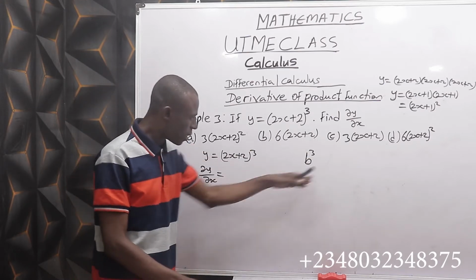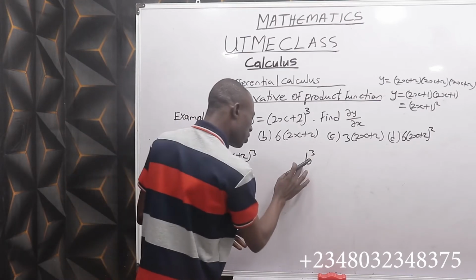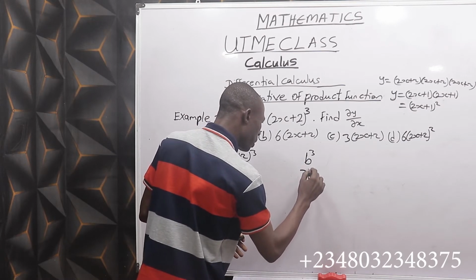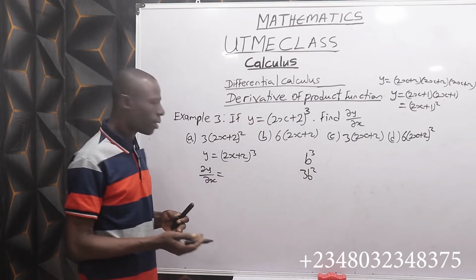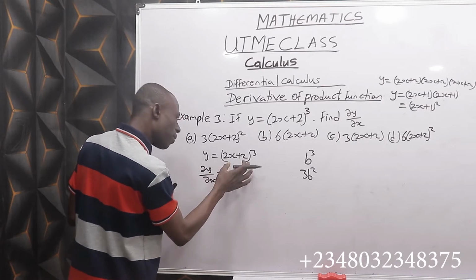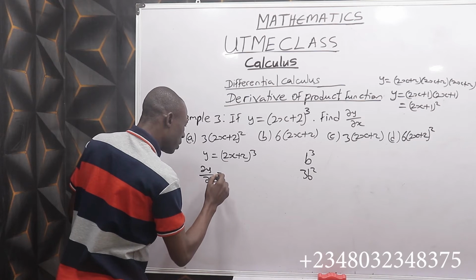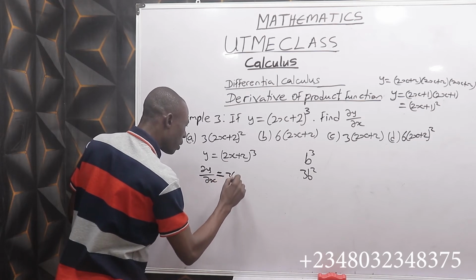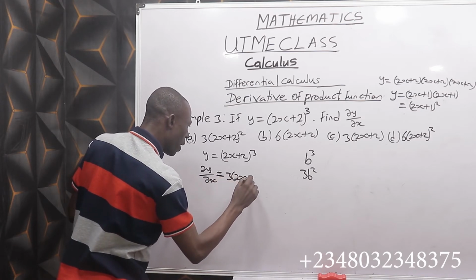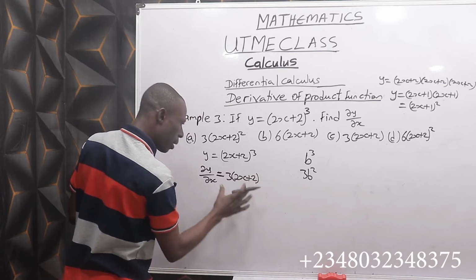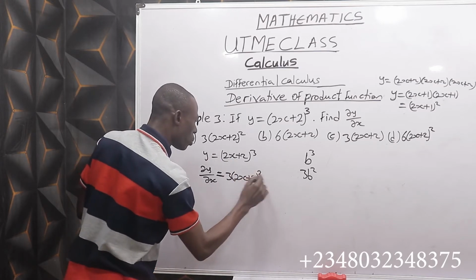How do we differentiate it holistically? We say the differentiation of this will be 3b squared. Do we understand? The same thing here. Differentiate the whole bracket holistically. The derivative will be 3 times 2x plus 2 as an entity raised to the power 2.